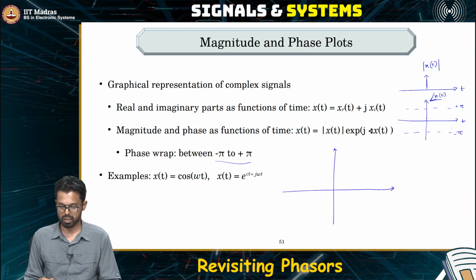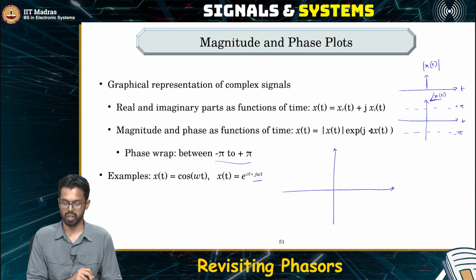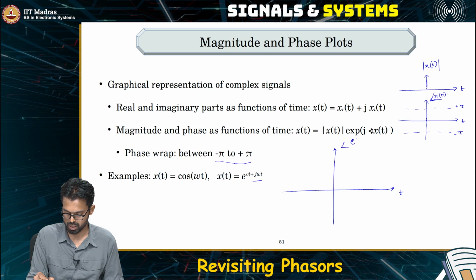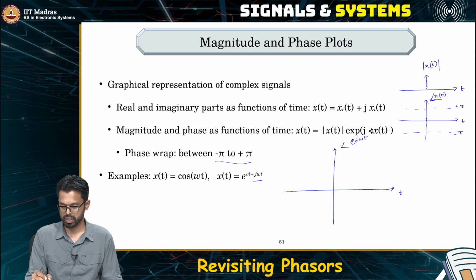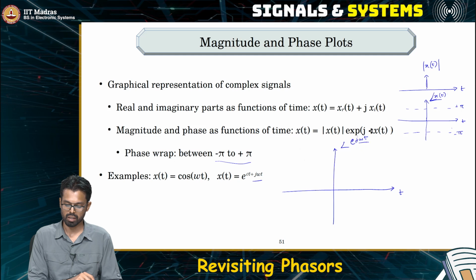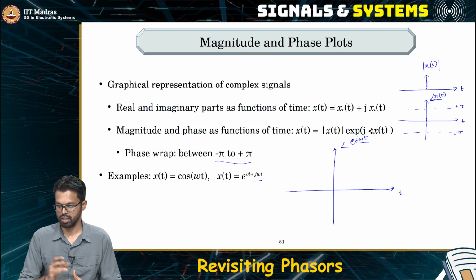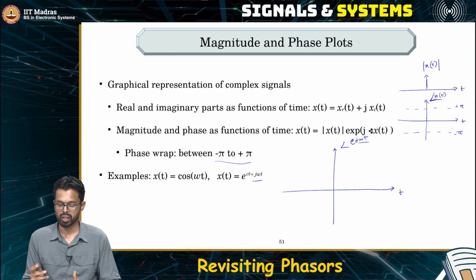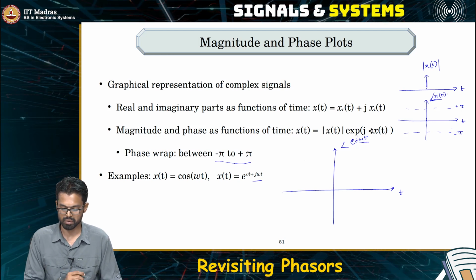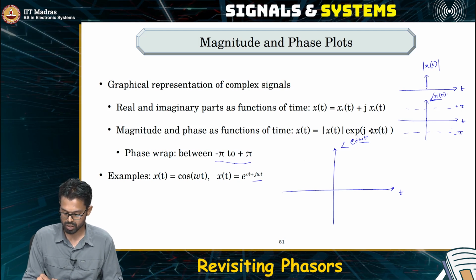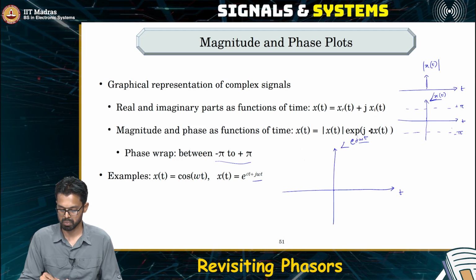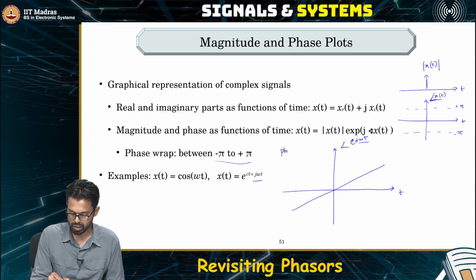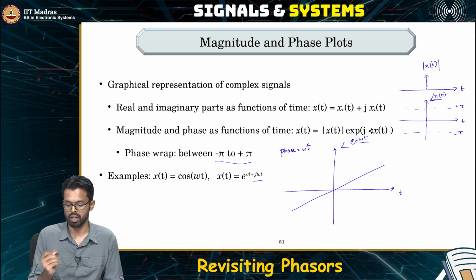Now, if we plot the phase of e power j omega t, what is the phase? Tan inverse of b by a, right? In this case it is tan inverse of sine omega t by cos omega t, which is tan inverse of tan omega t, which is omega t, right? So for t is equal to 0, it is 0, and so on. That is, phase is equal to omega t.